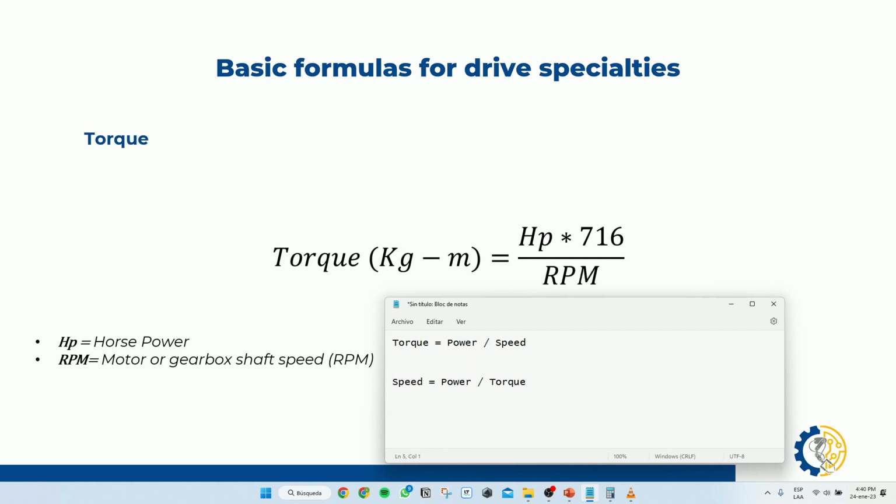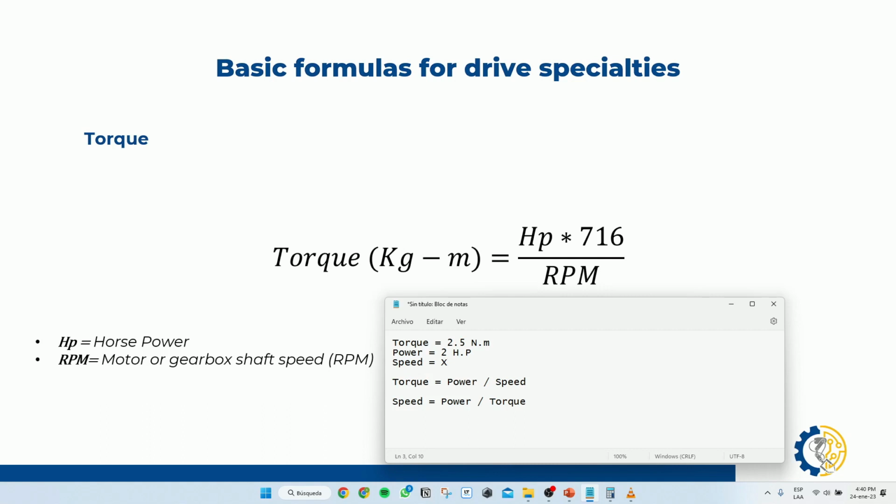Now, let's suppose that I have 2.5 Newton meter torque. So for potency, I used 2 horsepower, 2 HP. And for velocity, it will be my variable that I wish to find.